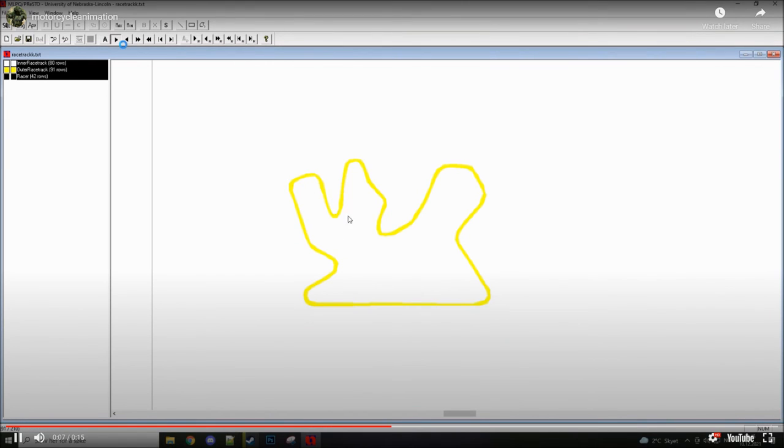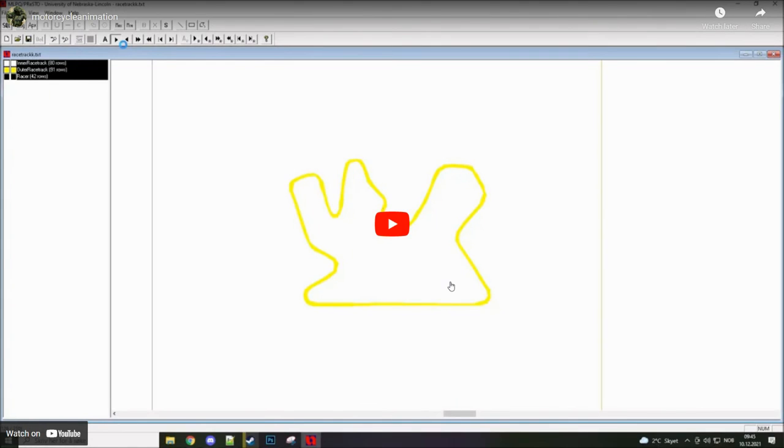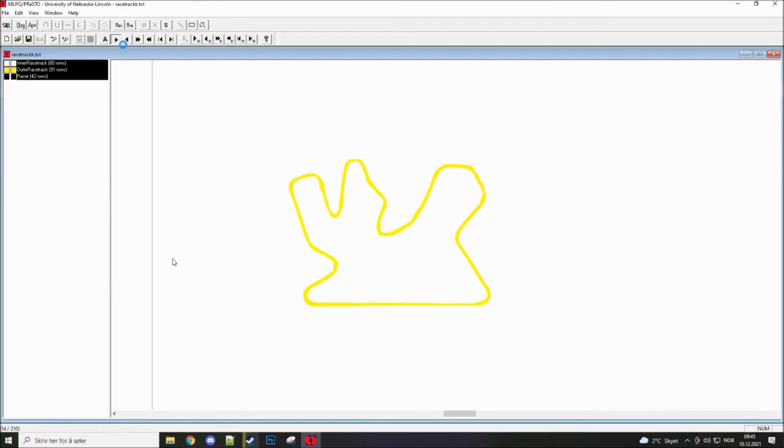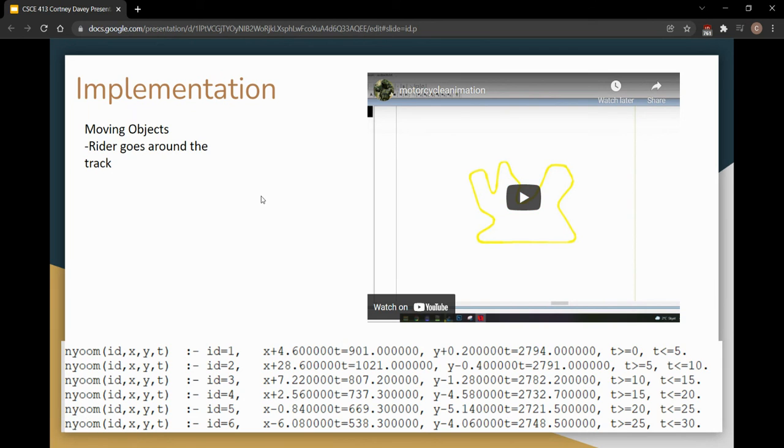It's still a small point, but he's going around the track, taking those corners slightly slower so he doesn't fly off. And he just goes around. So we've used our data here as well as interpolation. Let's play that again. It's a pretty cool animation of a simulation of a rider going around the track.